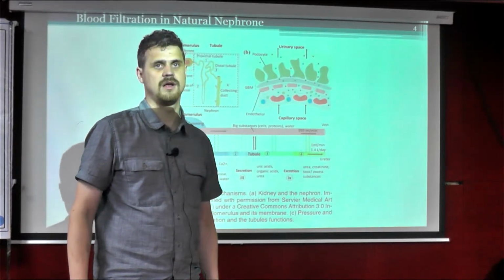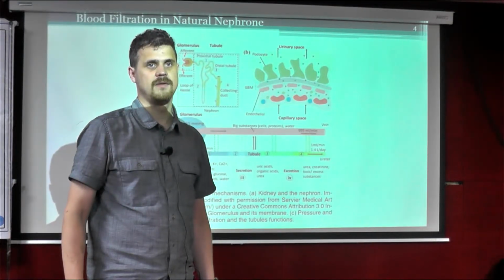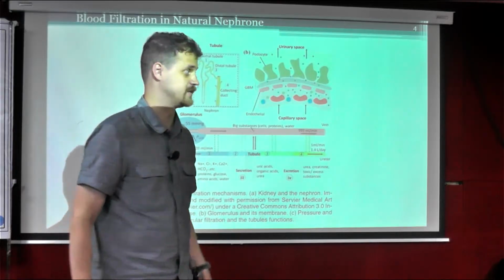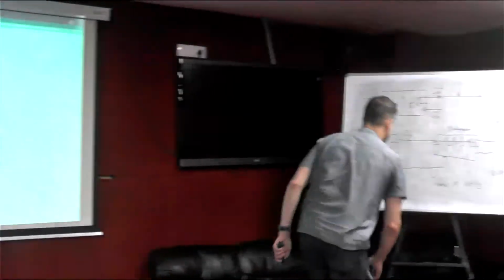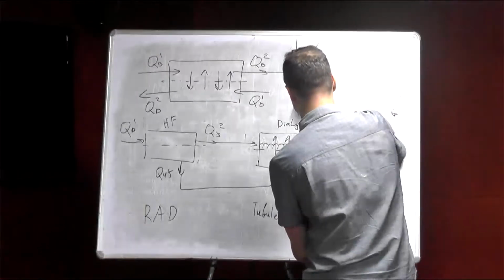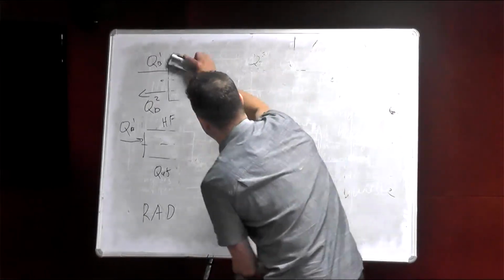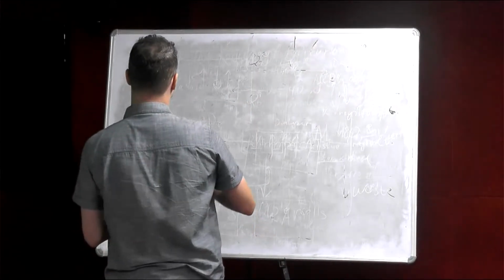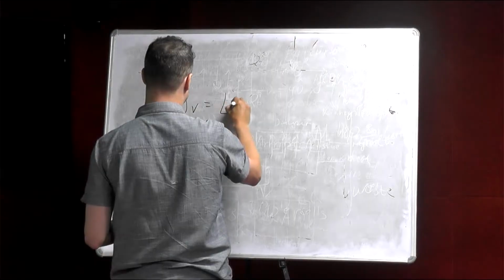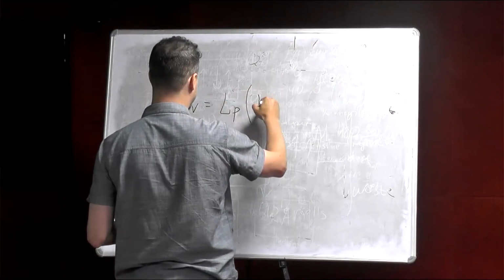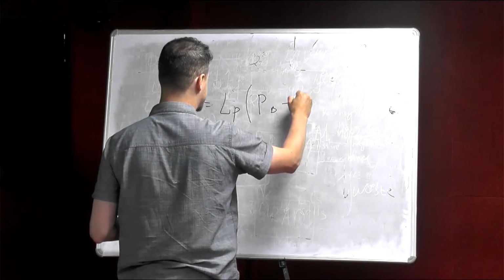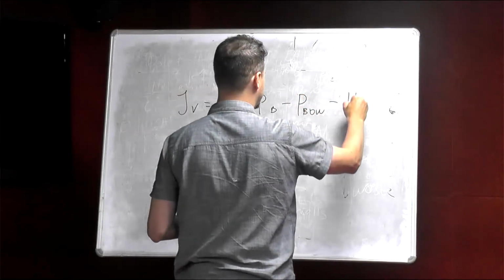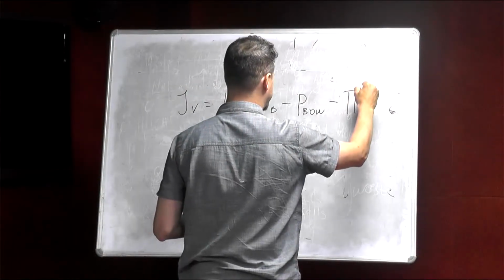But is that controlled by the pumping of the heart? Yeah, it's actually controlled, including by the pumping of the heart, because if we remember the glomerular filtration rate, let me just introduce this equation really quick. We have the hydraulic permeability, we have the blood pressure minus the Bowman liquid pressure, and we have the oncotic pressure created by protein in blood.